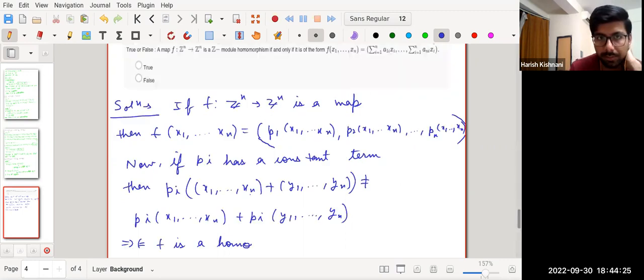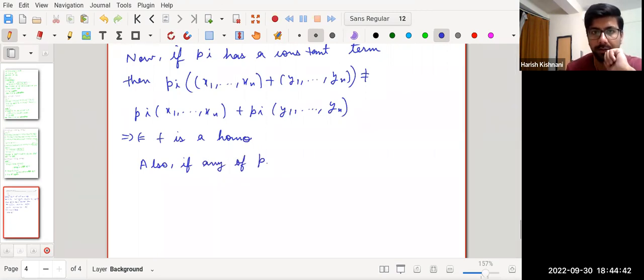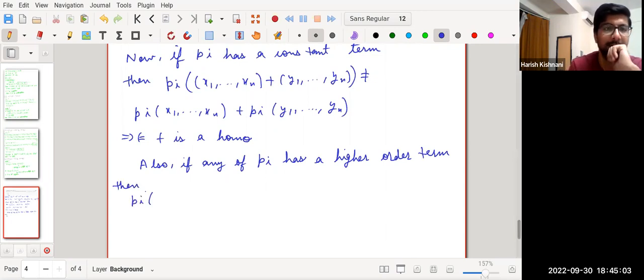So we are in the forward implication. Now, also if any of the pi has a higher order term, then also the same problem will arise with the higher degree term, that you can't separate out.